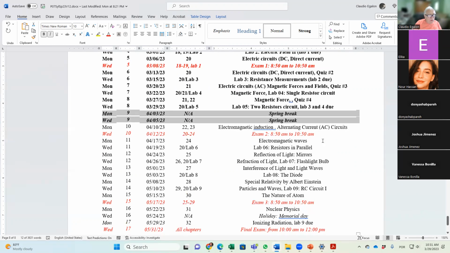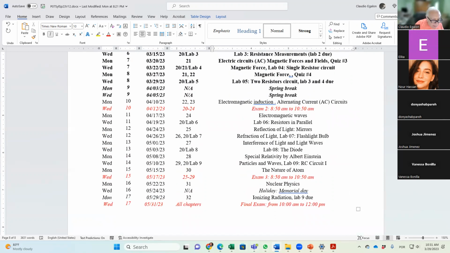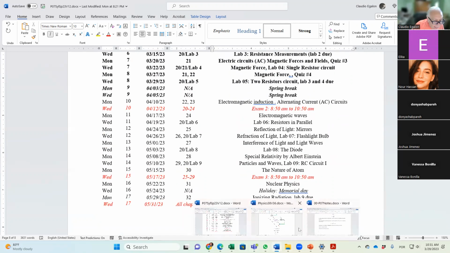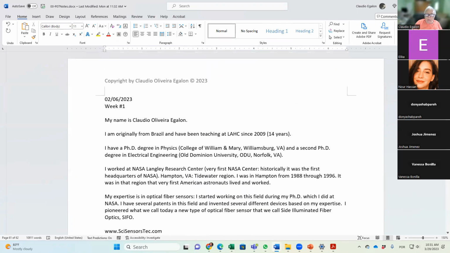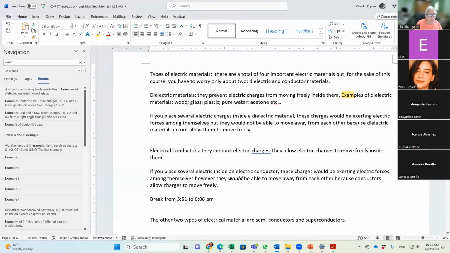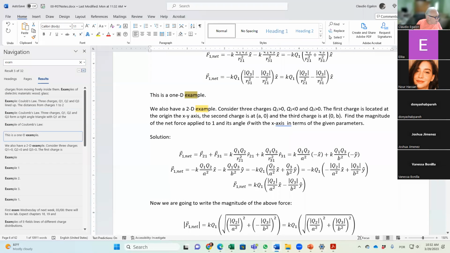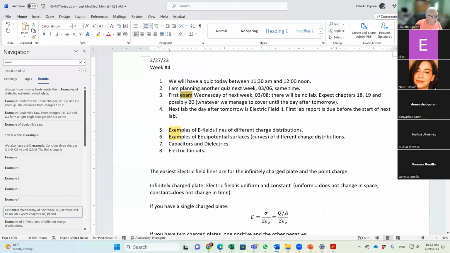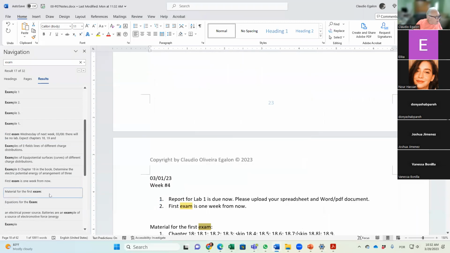What I want to do, let me take a look at the first exam. Okay, what did you cover in the first exam? Material for first exam.